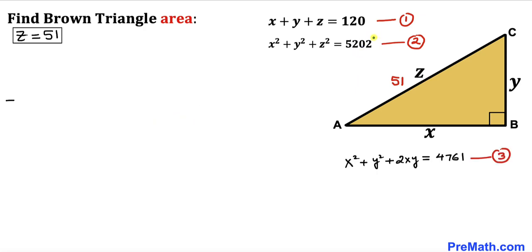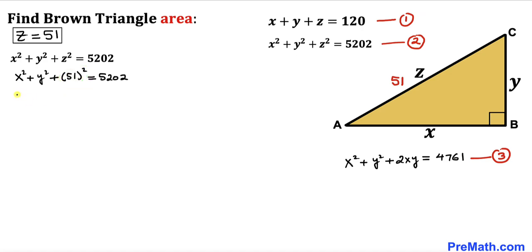Here's our next step. Let's focus on equation 2 once again. Here I have copied it down. Now let's focus on Z square. We know our Z value is 51, so this becomes 51 whole square. So this equation becomes X square plus Y square plus 51 whole square equals 5202. And we know 51 square is 2601.